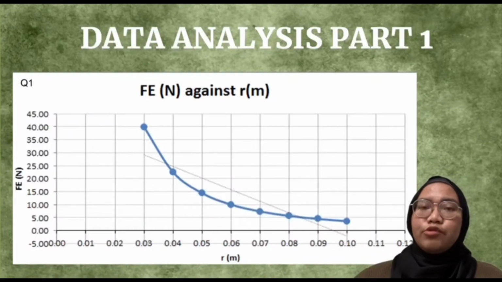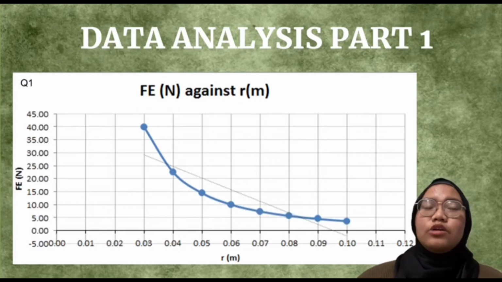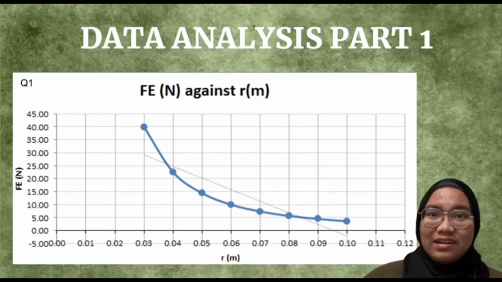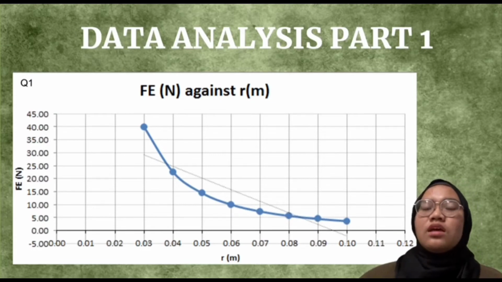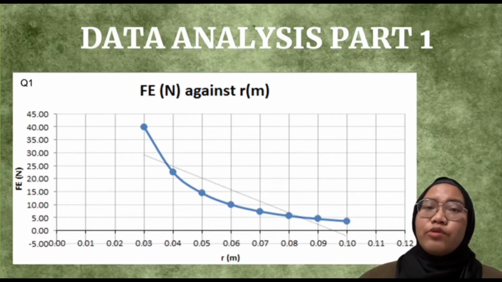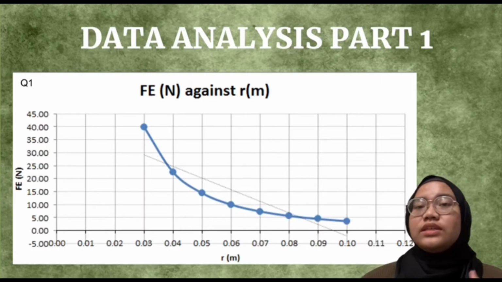From the data we previously obtained, we plot a graph between electrostatic force and R, which is the separation distance between the charged objects. A curved graph was obtained from it. It shows a decreasing curve as the distance R increases and the electrostatic force decreases.